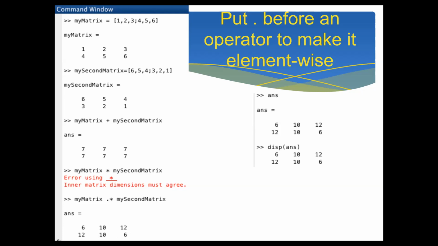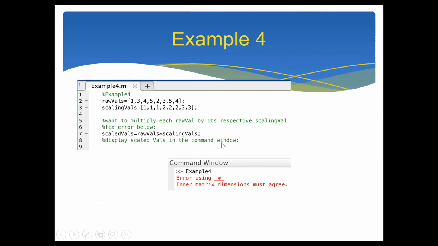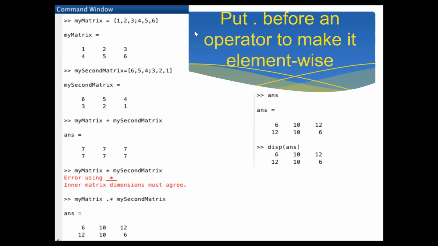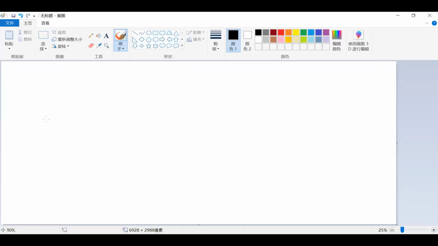If you have this matrix, could you try this multiplication? The star is multiplication. And this is a tricky point we have here. So let me try to draw this.